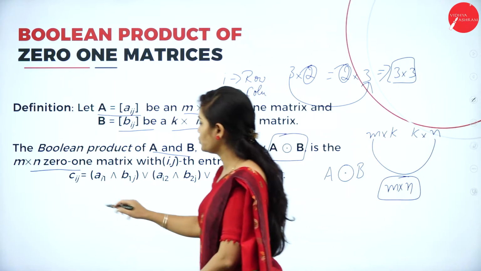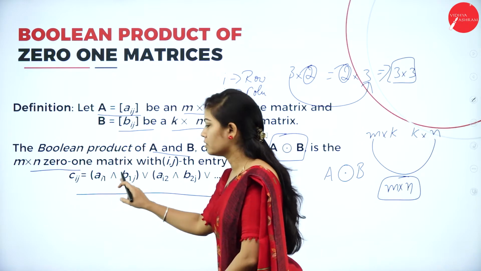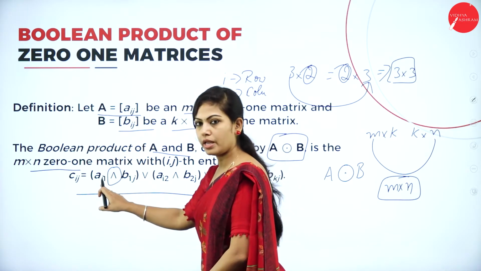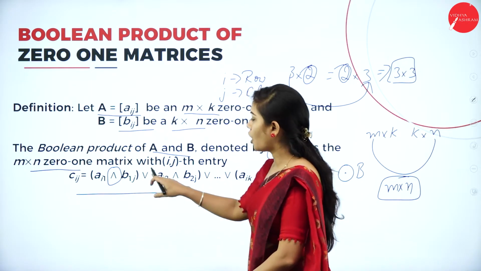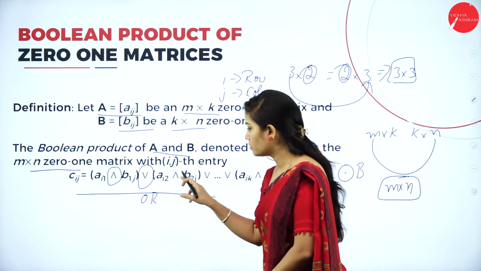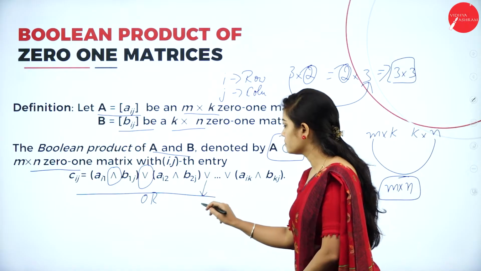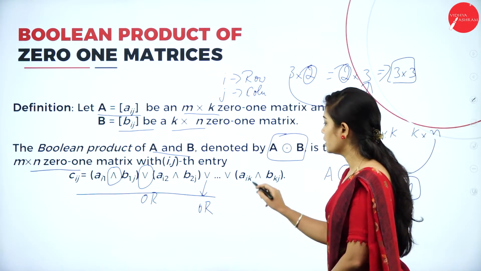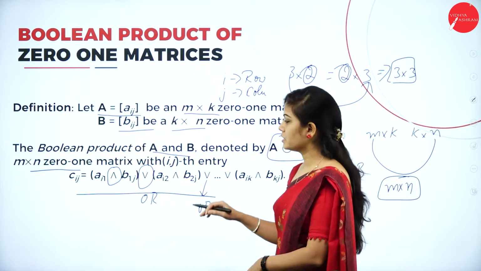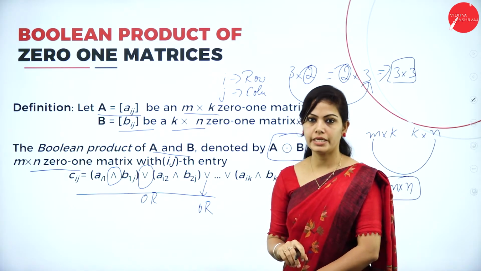Here you have to use this method: Cij is equal to ai1 AND b1j, OR ai2 AND b2j, and again OR, up to aik AND bkj. This is one representation of Boolean products of 0-1 matrix.